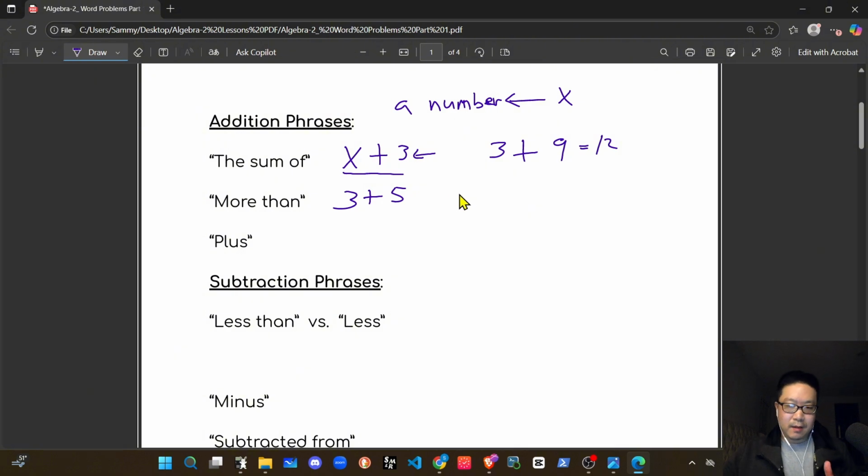So again, a number is referring to your unknown, so you would have to use something like x plus 5. And lastly, if you run into plus, you know you're dealing with addition. So if I said 3 plus 3, well, that would be 3 plus 3.